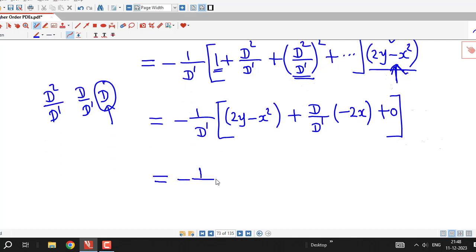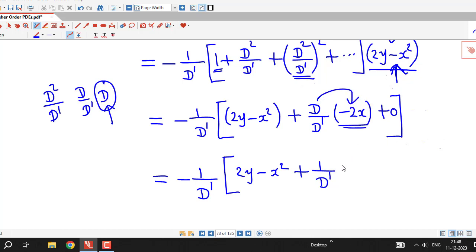Now we again keep this as it is, and first we write 2y minus x square plus 1 over D dash, and again I am operating this D on this function, that is derivative of this with respect to x, which is minus 2.